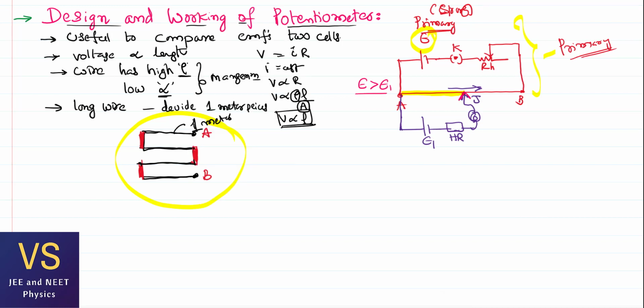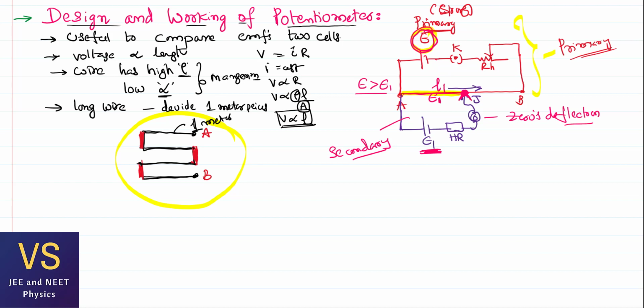So at a particular point of the wire, through a length, say L1, which we measure with the help of a scale, there will be a potential drop E1 which is given by this cell. And the secondary cell also has E1, because the potential drop across the wire and the potential in the secondary circuit, this part of the circuit called the secondary circuit, which we will modify, are equal. As both potential drops are equal, at a particular position of the jockey, this galvanometer shows zero deflection.